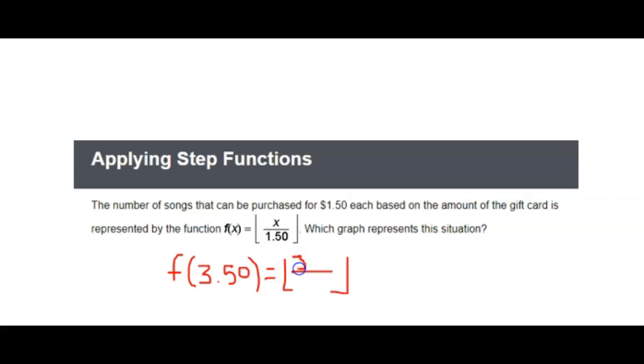So let's see what happens here. Well, 350 over 150. All right. So we know that's going to be 2.333 repeating.